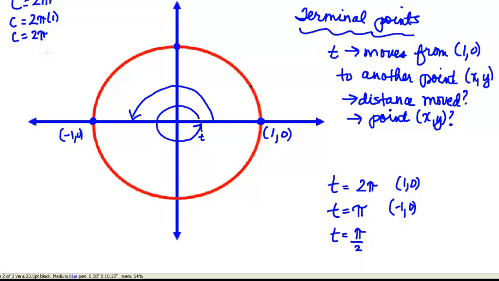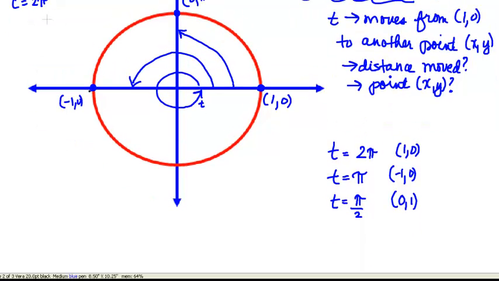So if my terminal point moved from 1, 0 to this point 0, 1, my angle T is pi over 2. And we haven't really talked about them in terms of angles, but that's exactly what it is because I'm making a rotation around the circle. So this here would be pi over 2, and the point on the unit circle would be 0, 1.